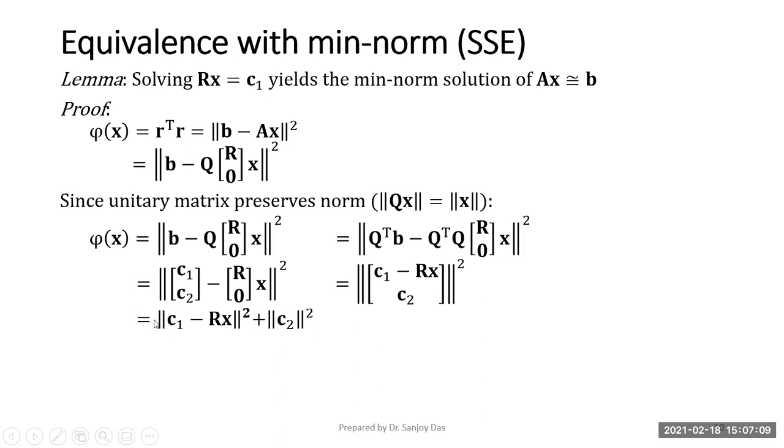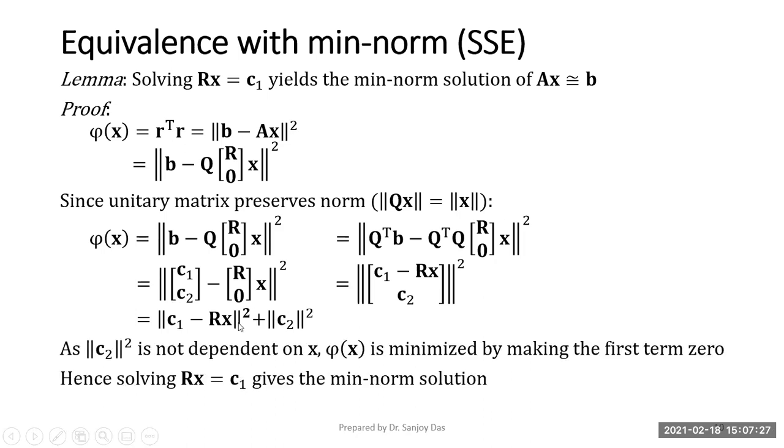I can make the first term equal to 0, and the remainder will be the squared norm of C2, right? That's the minimum value that I can get when I make the first term equal to 0. So I simply solve Rx equals C1. And this gives me the minimum norm solution.